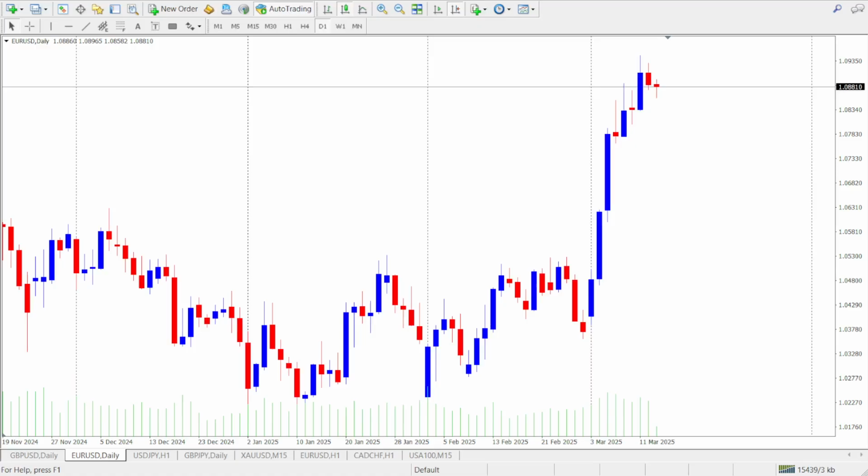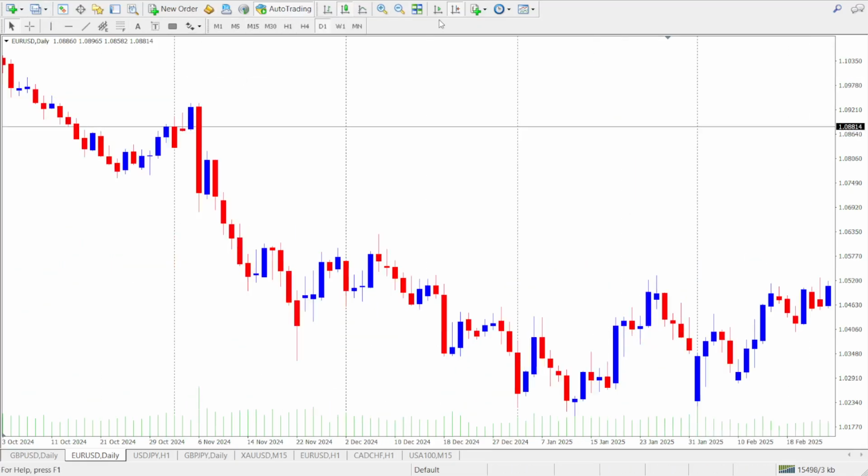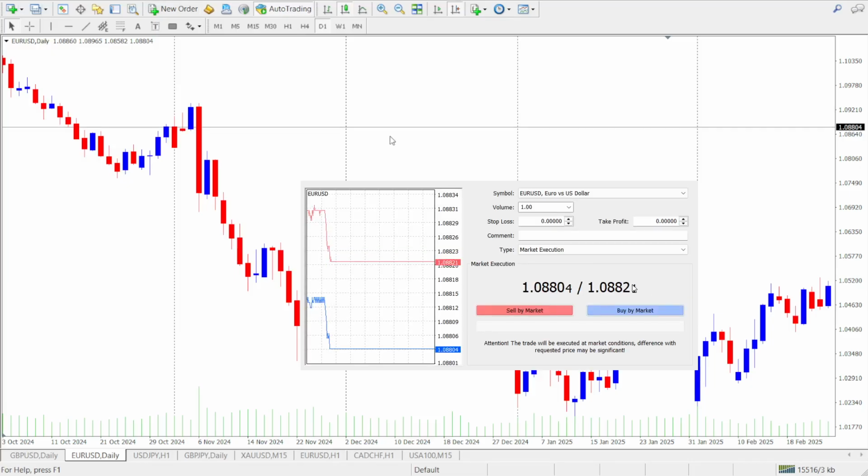First of all, let us talk about market orders. It is the simplest and most commonly used order type. A market order allows you to buy or sell an asset instantly at the current market price.